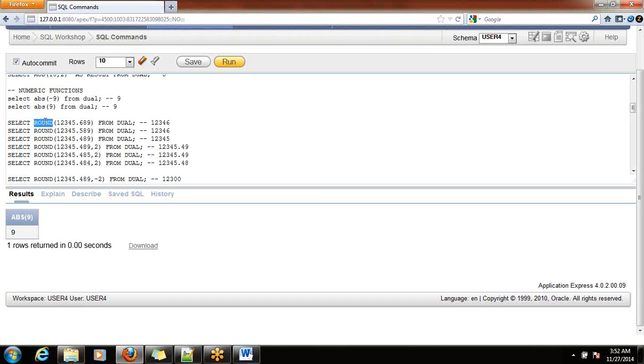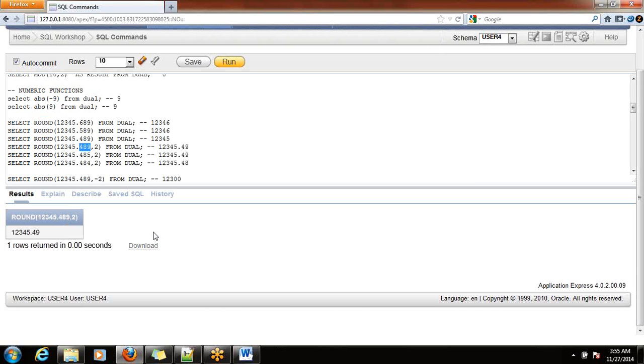And here .489 it is, and I am asking to display only two decimals. 4, 8 are the two decimals that are to be displayed. Instead of 4, 8, it is displaying 4, 9, because it is considering the third decimal, which is 9 here.